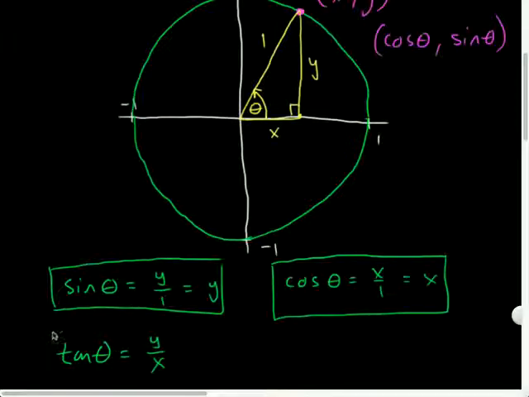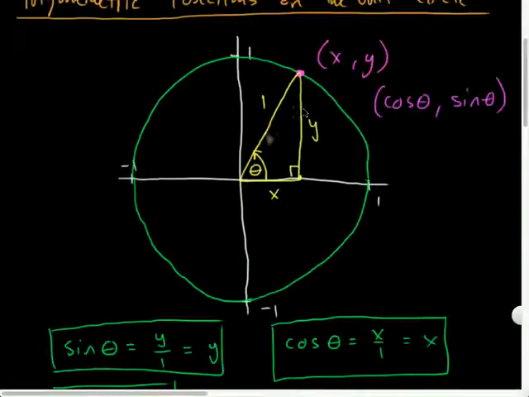And we actually just saw that on a homework problem a moment ago, when we were talking about slope. I said tangent theta is equal to rise over run, y over x, which is equal to slope. If you wanted to ask what is the slope of this line, it is y over x, which is also tan of theta, interestingly enough.